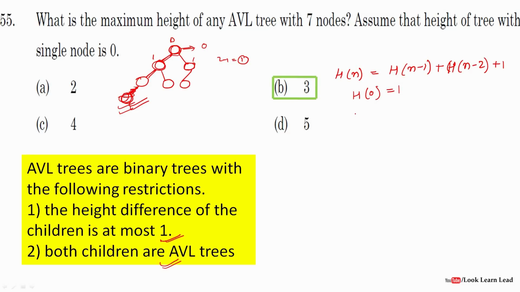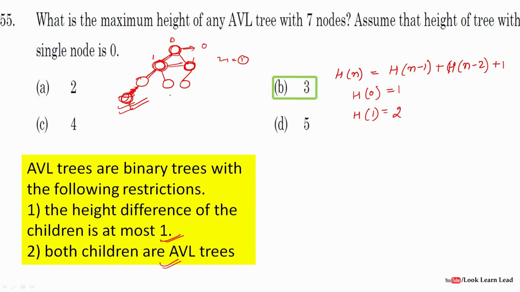Okay, and h of 1 would be h of 0 plus 1. So we can see it like this only. We have 2 nodes, 1 and 2. We have 2 nodes at level 2. So h of 1 would be 2. Now we have to calculate like this.